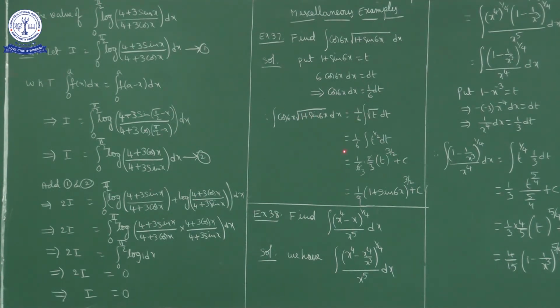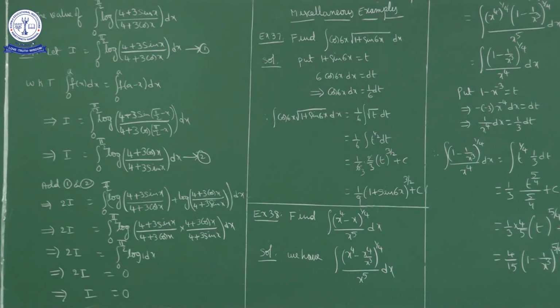So 1 by 6 into square root of t is nothing but t power 1 by 2. Integral t power 1 by 2 is t power 3 by 2 by 3 by 2. 3 by 2 comes as numerator as 2 by 3. So 1 by 6 into 2 by 3 into t power 3 by 2 plus c. 2 gets cancelled. So we have 1 by 9 (1 plus sin 6x) whole power 3 by 2 plus c.